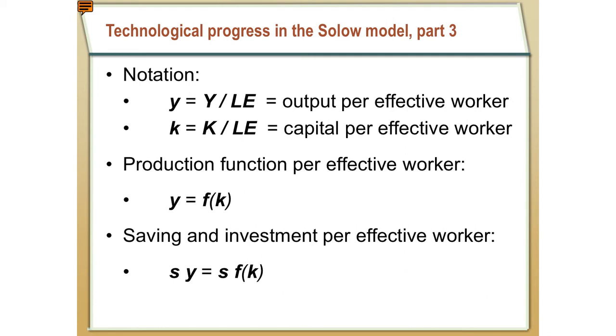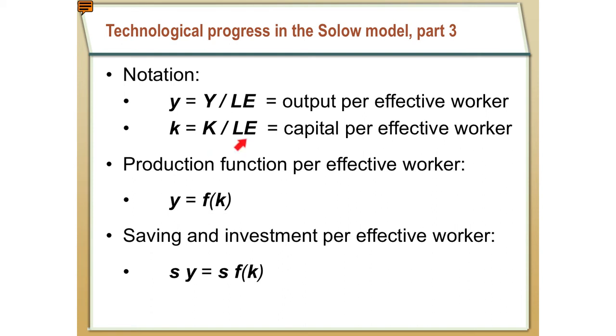So once we go through the same process that we went through in Chapter 8, the per effective worker production function looks exactly the same. It looks identical to what we've already been working with. Little y is equal to f of little k. However, this little k, we have to keep in mind, is now defined slightly differently.